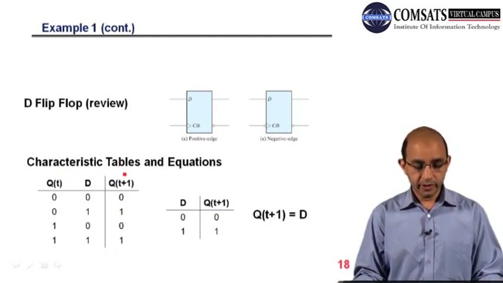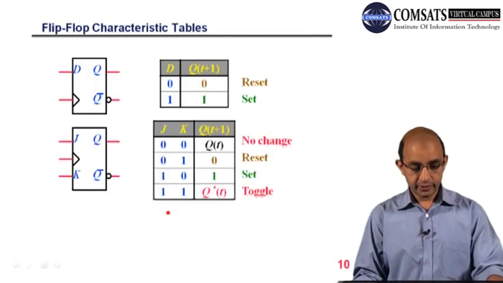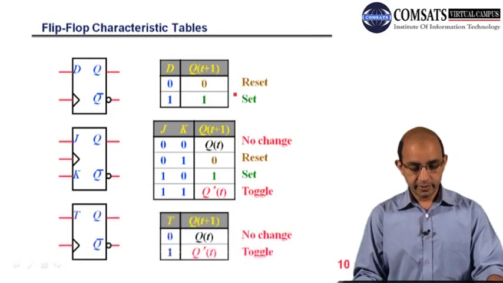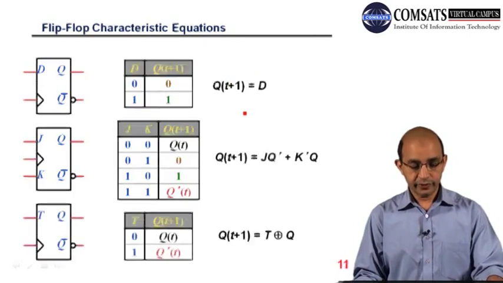So this is the table. Here we have mentioned the characteristic table. If I go back, this is the characteristic table, and this is the characteristic equation.